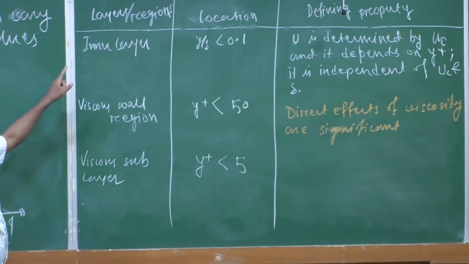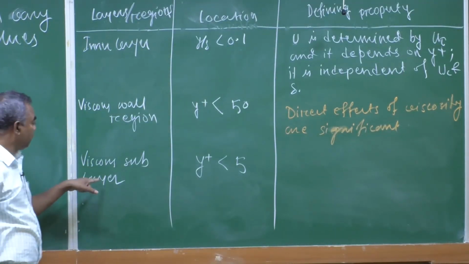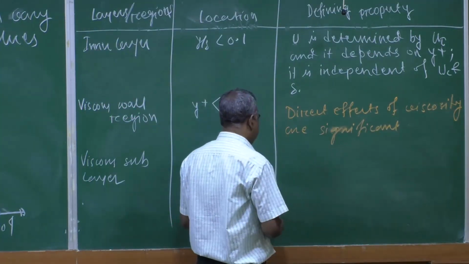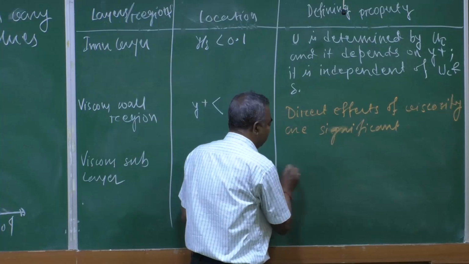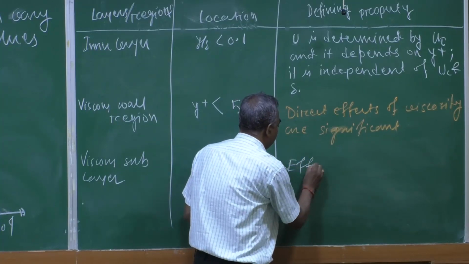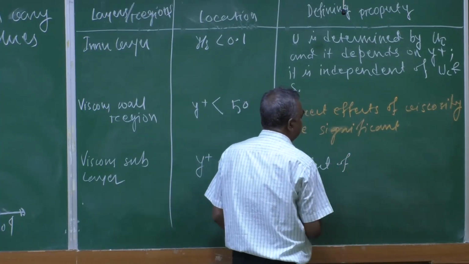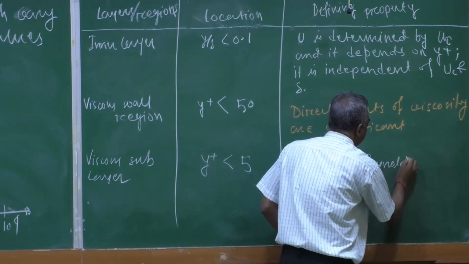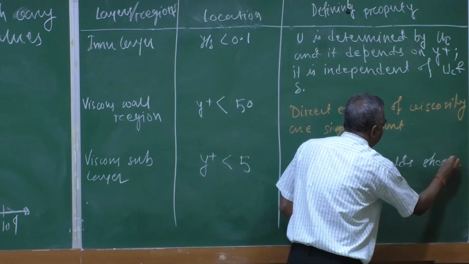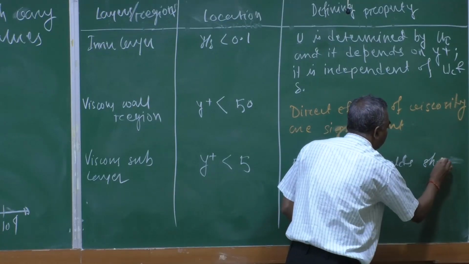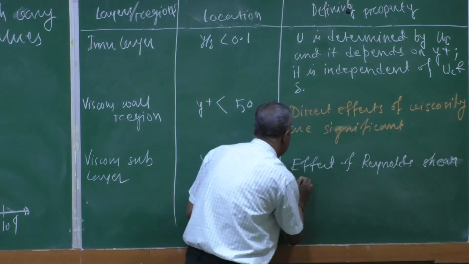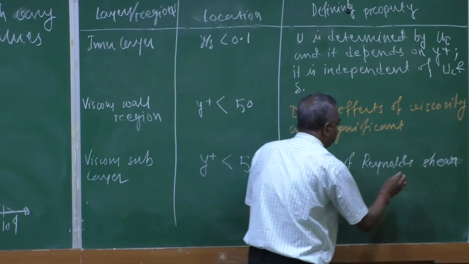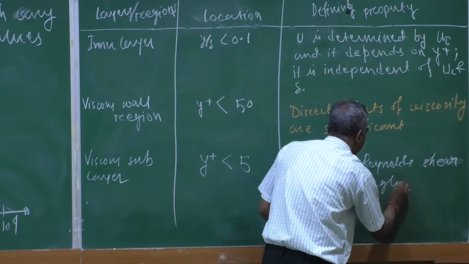So, this is the inner layer, the viscous sublayer. In the viscous sublayer, the effect of Reynolds shear stress is negligible.